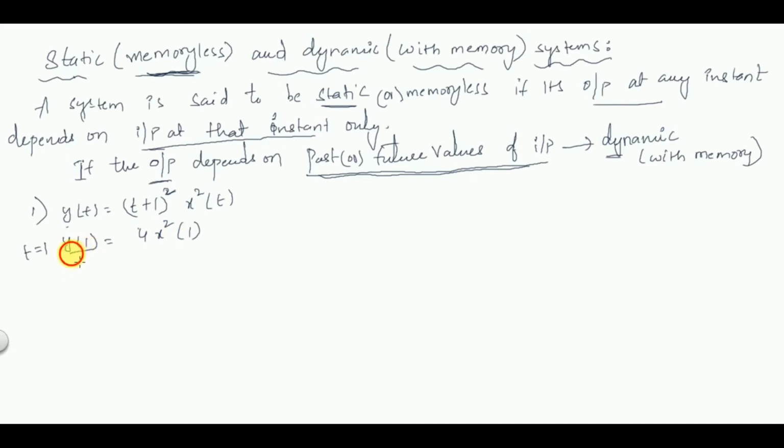So the output at instant t is equal to 1 depends on input at t is equal to 1. Similarly, y of minus 1 becomes 0 anyhow. If you take t is equal to minus 2, y of minus 2 is (minus 2 plus 1) whole square, which is 1, multiplied by x square of minus 2 only. So the output at any instant depends on the input at that instant only. Hence we can say that this system is a static system.